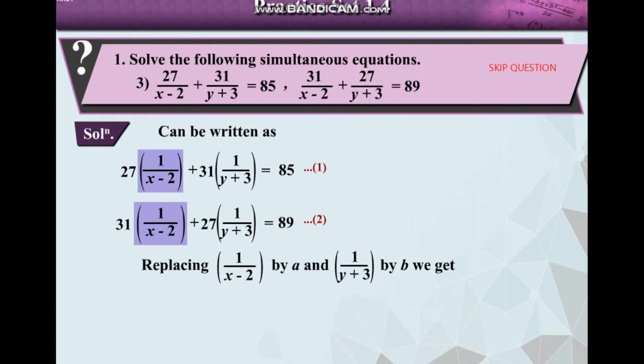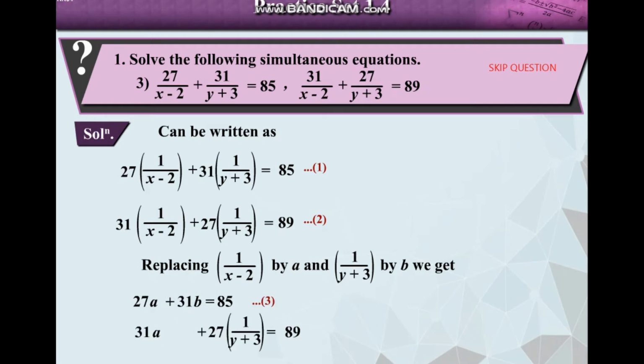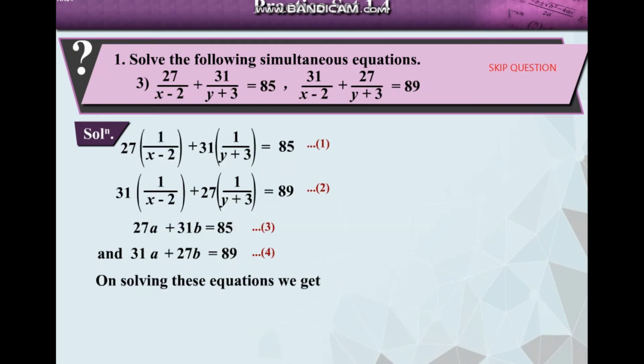Replacing 1 upon x minus 2 by a and 1 upon y plus 3 by b, we get 27a plus 31b is equal to 85. Equation 3. 31a plus 27b is equal to 89. Equation 4. On solving these equations, we get a is equal to 2, b is equal to 1.